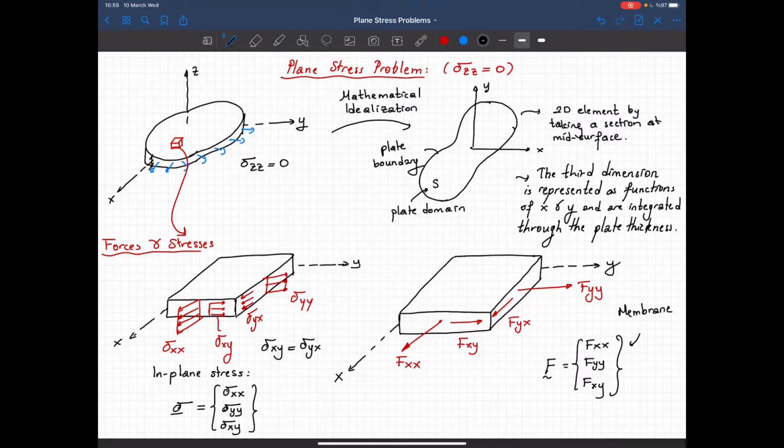Axial forces in 2 dimensions, we call them membrane forces. And we can easily calculate the membrane forces by multiplying the stresses with the thickness of the member. This is the thickness of that membrane element.